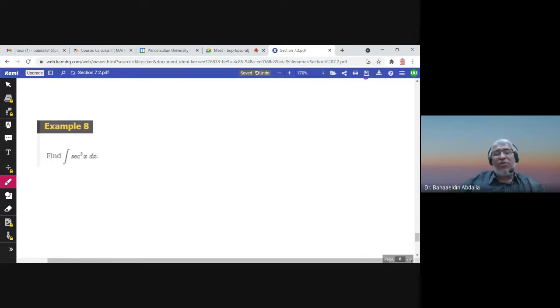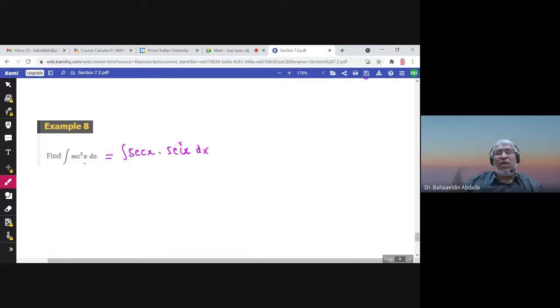Well, secant to the power 3 is more difficult than tan to the power 3. To find this integral, I will write it as secant x times secant squared x.